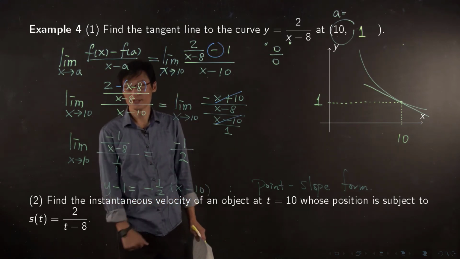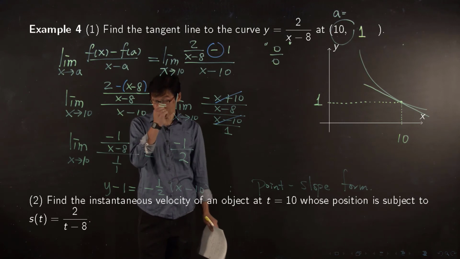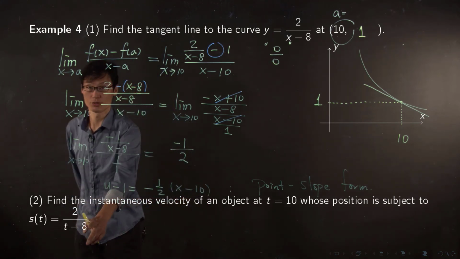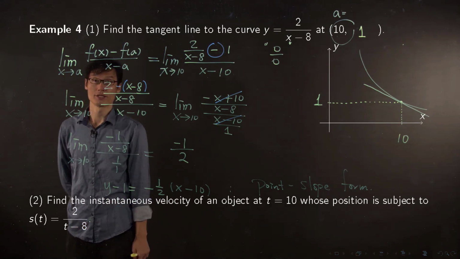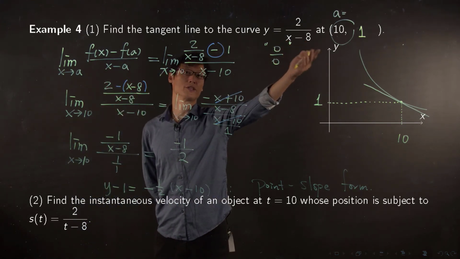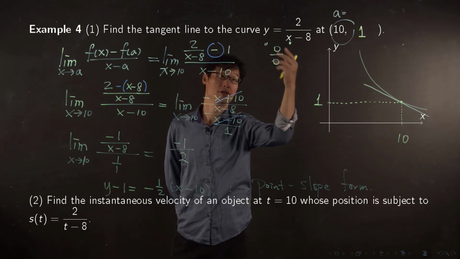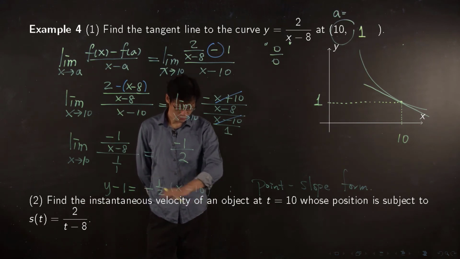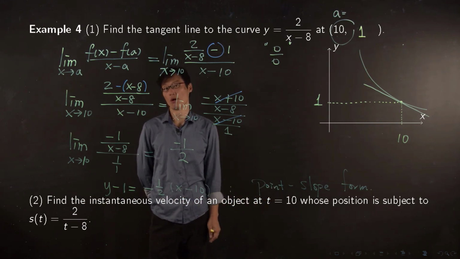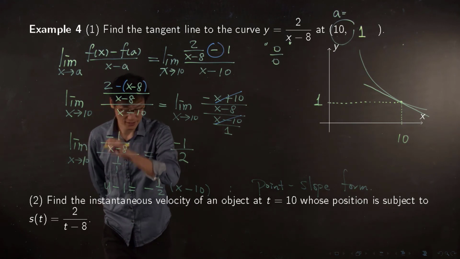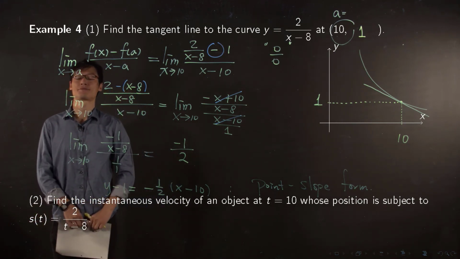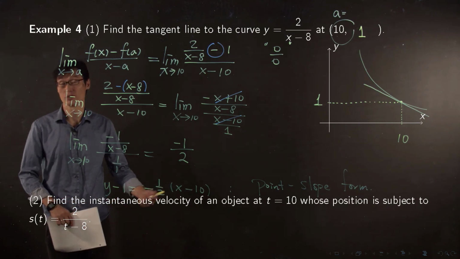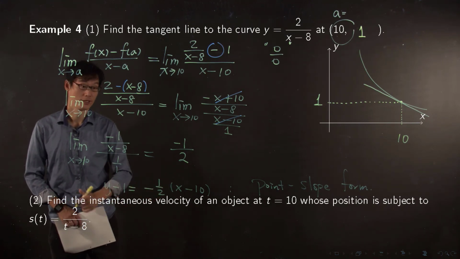Next example is also quite similar to previous one, because look at the function. 2 over t minus 8 is the same function, 2 over x minus 8. I just changed the letter x to t. So the remaining calculation will be the same as before. So the reason I put this example is that, again, instantaneous velocity is basically the same as the slope of the tangent line.